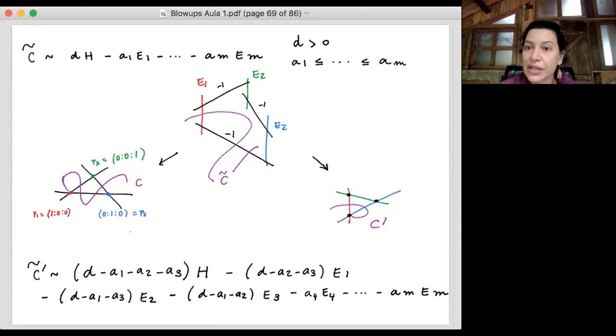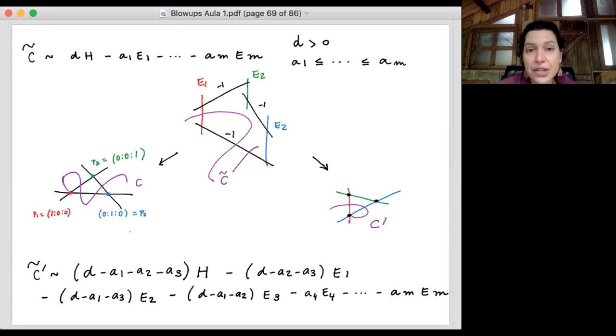So the degree changes in this way. Now the new multiplicity at the point P1 is going to be D minus A2 minus A3. The new multiplicity at the point P2 is D minus A1 minus A3. And the new multiplicity at the point P3 is D minus A1 minus A2. And the other multiplicities are the same.